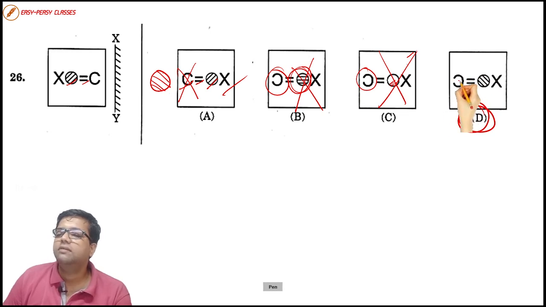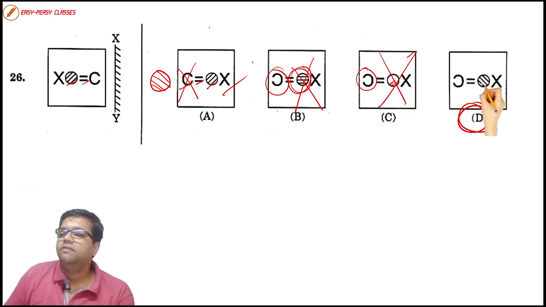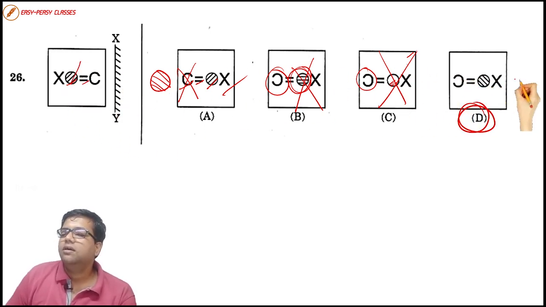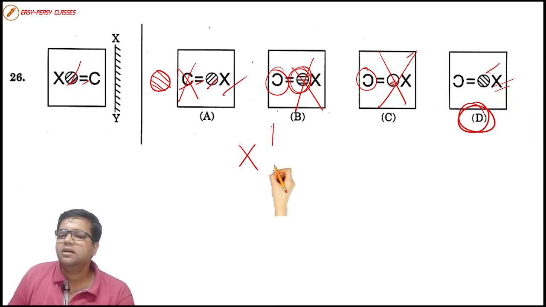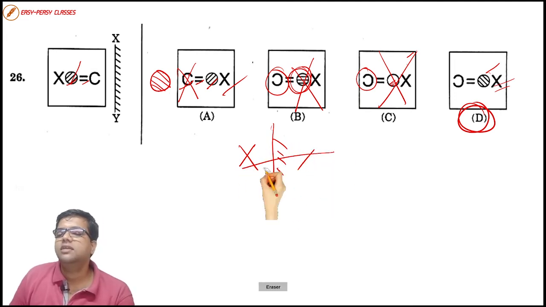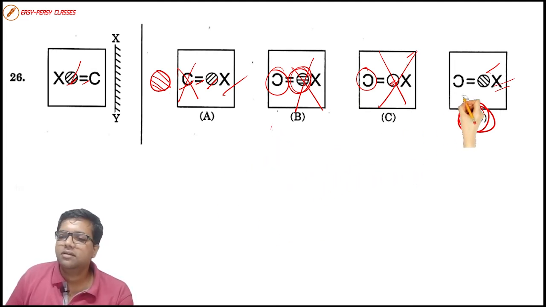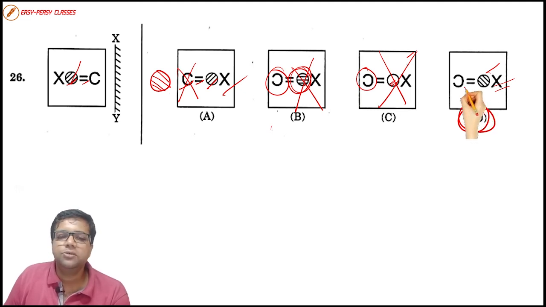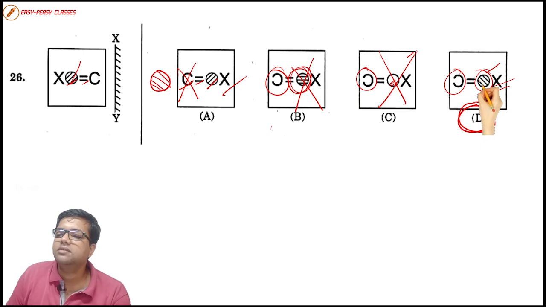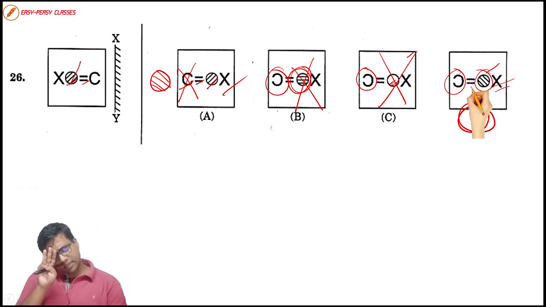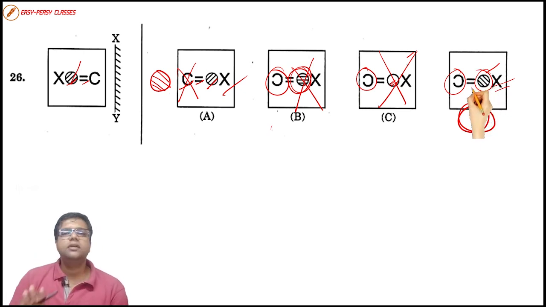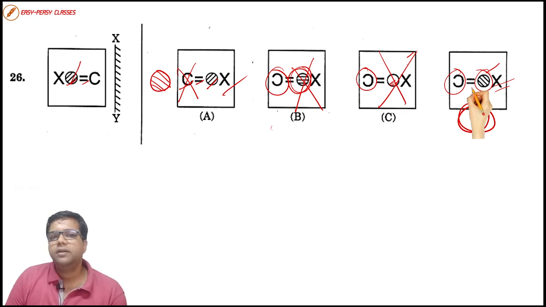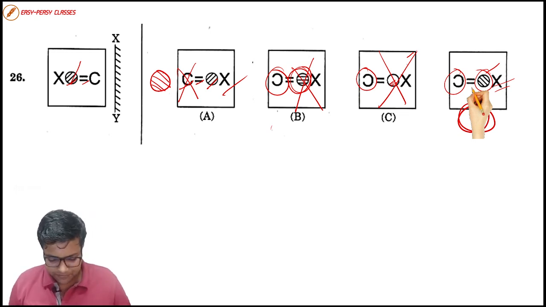We have C mirrored, we have equals, we have the circle also mirrored. X doesn't matter. If you keep X in the figure, X in the image would remain the same. So the only parameters you need to look at are C, equals and the circle with inside lines to identify the right answer.